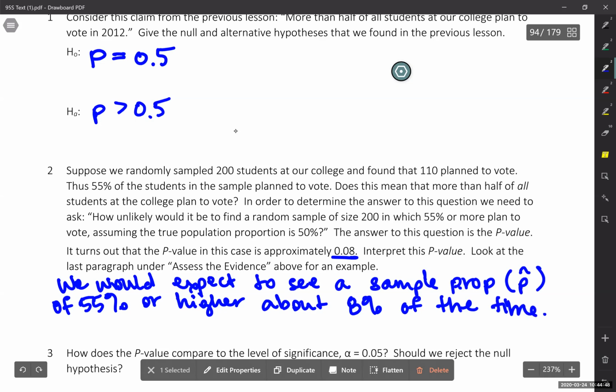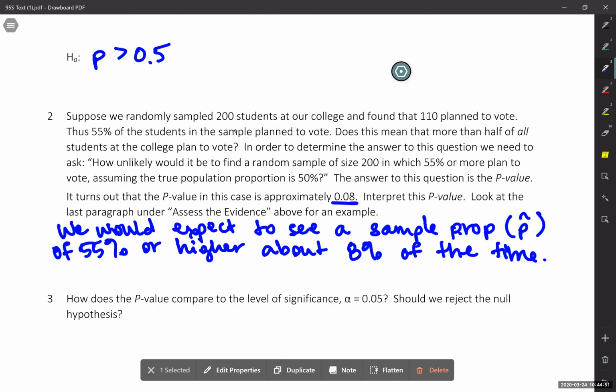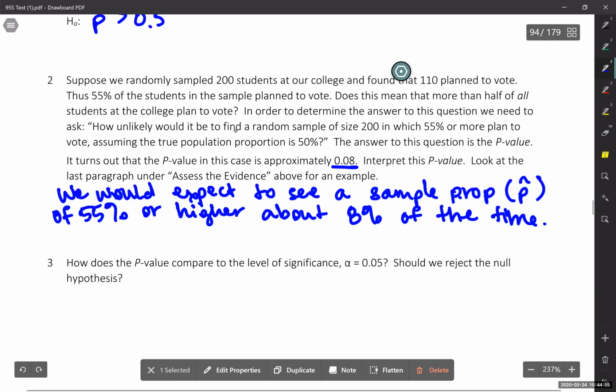Okay, well, how does that compare to our level of significance? In this problem, we're using a level of significance alpha, which we'll get into a lot more when we get into the 9.4 section. Should we accept or reject the null hypothesis? All right, so the p-value is 0.08.